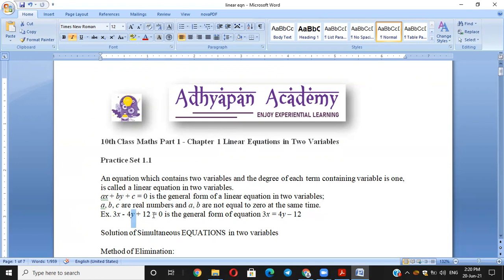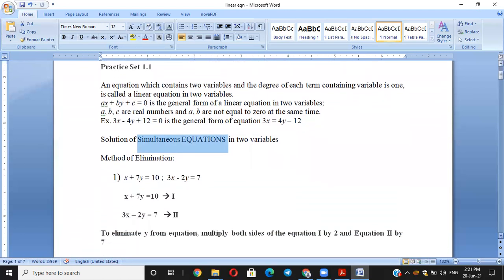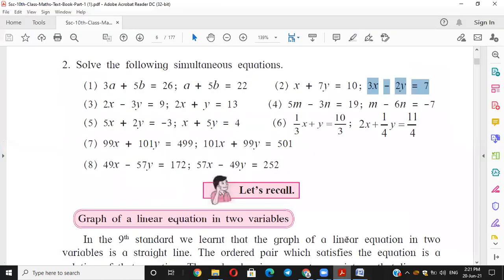So this is only one equation. If I write two such equations, two linear equations in two variables, they are called simultaneous equations. I will give you an example. The question that we are able to see here is a simultaneous equation, which means there are two equations here.